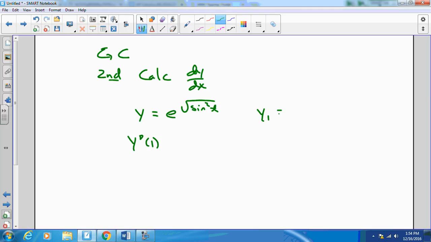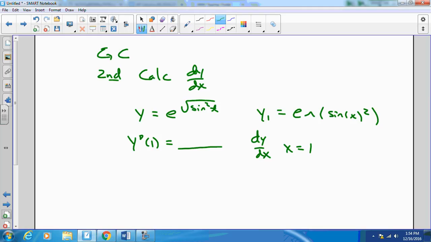Instead, I would let y1 equal e to the sine of x squared, and I would use second calc dy/dx to find the derivative at x equals 1. And all that I would do is report out that value to how many decimal places? 4. Just like that. A very simple, straightforward procedure, and please don't use derivative rules to find the derivatives of complicated functions when you don't have to.